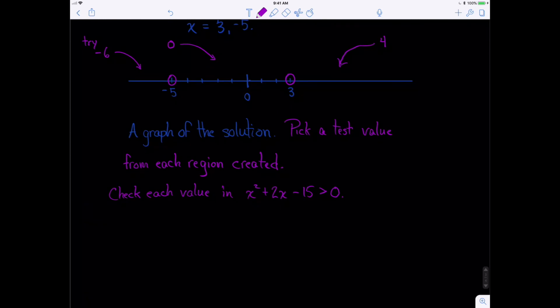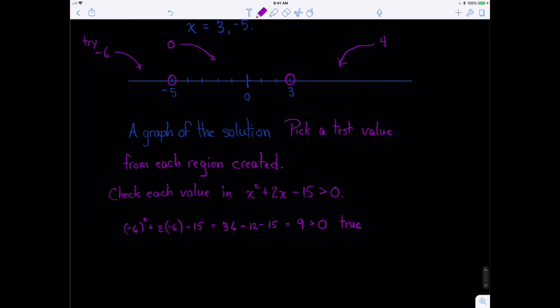Let's just try this. So if I put in a -6 squared plus 2 times -6 minus 15, that's going to be 36 minus 12 minus 15. 36 minus 12 is 24. 24 minus 15 is 9, which is greater than 0, which is true.